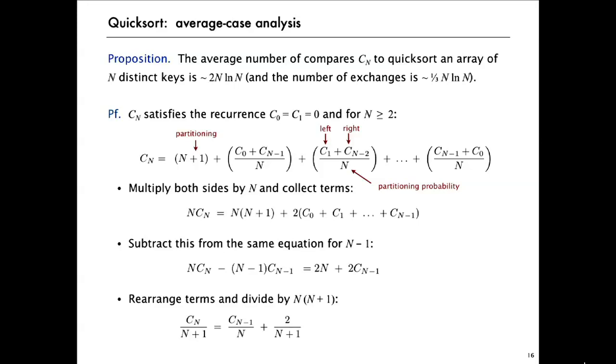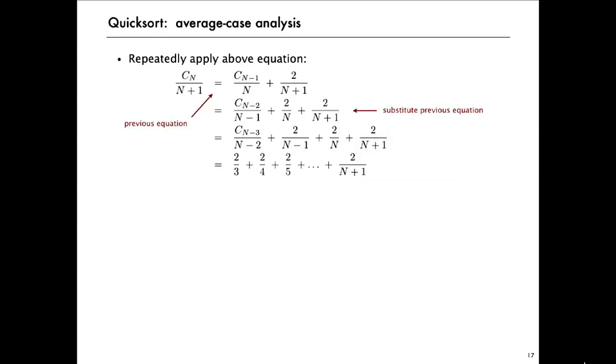Rearrange the terms. So we get n plus 1 C_{n-1}, and then divide by n times n plus 1. That's a kind of a magic step, but we'll see that makes it possible to solve the equation easily. Because that equation with C_n over n plus 1 equals C_{n-1} over n is an equation that telescopes.